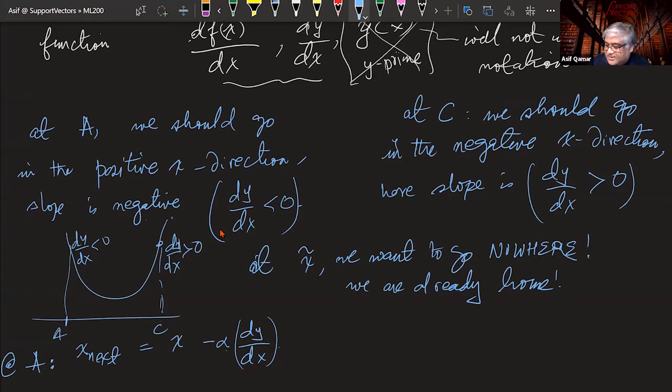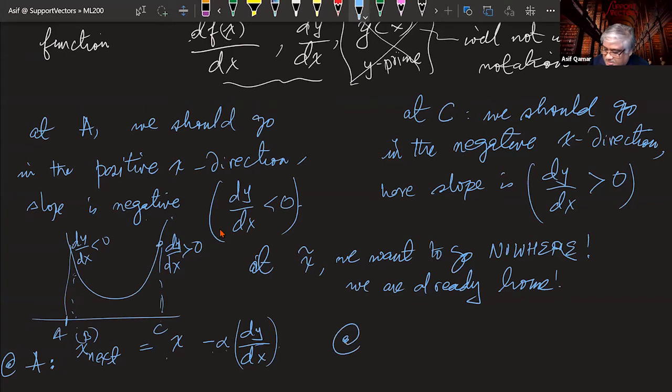If you multiply the slope by a negative number, negative of a negative is a positive number. So you're taking a step in the right direction. The next value of x will be somewhere here. This will be your B, larger than A, where you want to be.